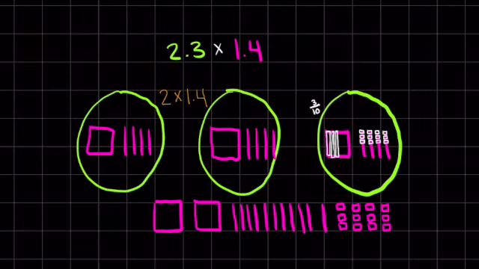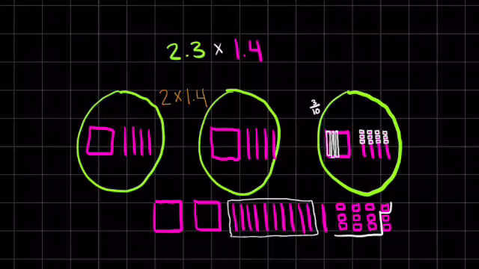Now what I want to do is regroup my 10 longs into one flat and 10 units into one long. So altogether I have 1, 2, 3 flats. That's whole numbers.